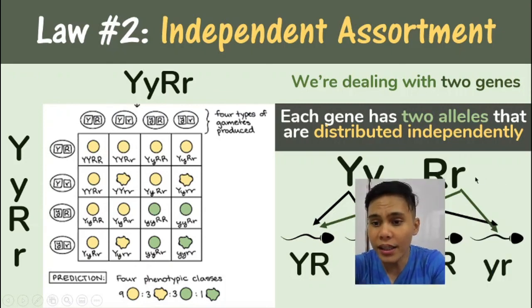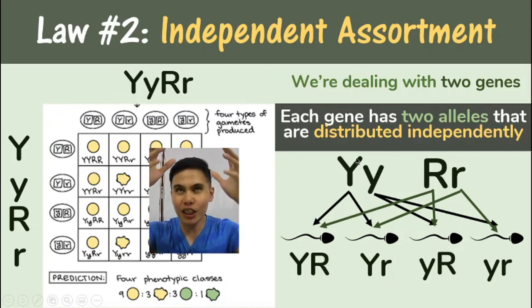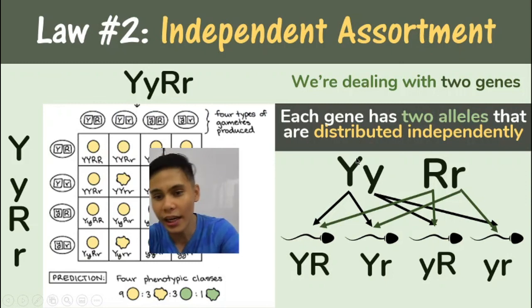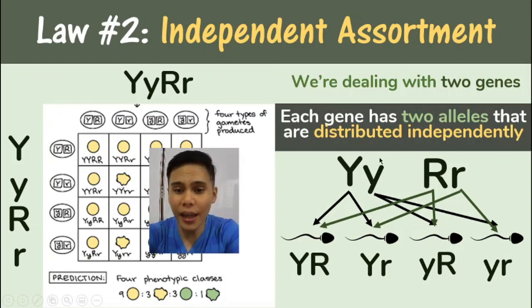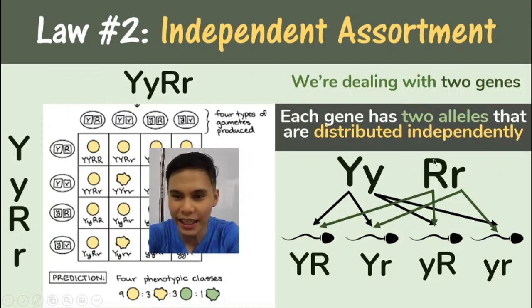A simpler way to think about it, if you like math, is the FOIL method. In the FOIL method, if you have binomial expressions that you have to multiply by one another, like x plus y times x minus y, you distribute them based on first, outer, inner, and last. And that's basically what's happening here. The first ones: capital Y and capital R. Boom.